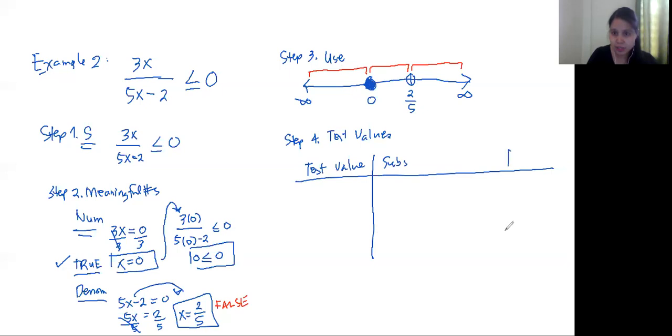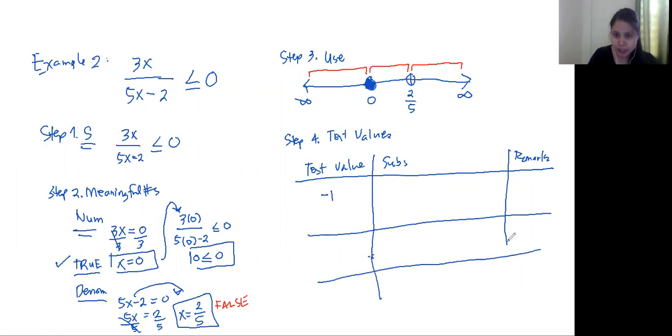Substitution, then remarks. We have 3. So for the first test value, less than 0, we could apply -1. For the second one, between 0 and 2/5, you could have 1/5. Then for the last one, greater than 2/5, we could have 1.